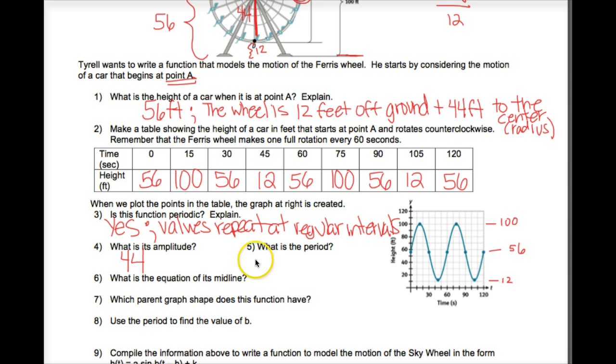Number 5, what is the period? Remember that period is the horizontal length of one full cycle. Remember that we drew boxes, rectangles around our graphs in order to determine the period. So go ahead, draw a box around one full cycle of this graph in order to determine what the period is, and then record it on your paper.